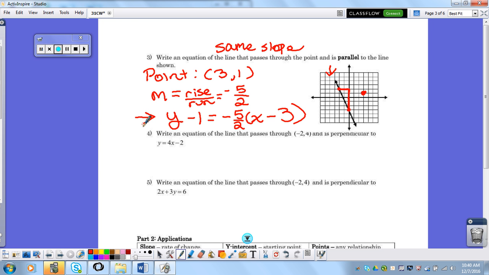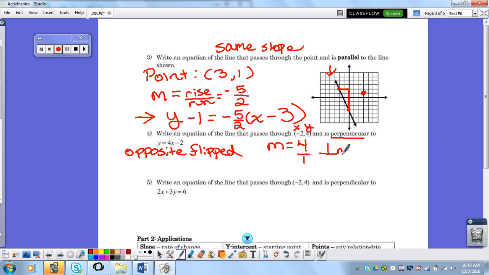Number 4 says, write the equation of a line that passes through negative 2, 4, and is perpendicular to this equation. Perpendicular means that your slopes are opposite, flipped. Opposite reciprocals. Okay? Now, the slope of the given line is 4. If it helps you, put a 1 underneath it.